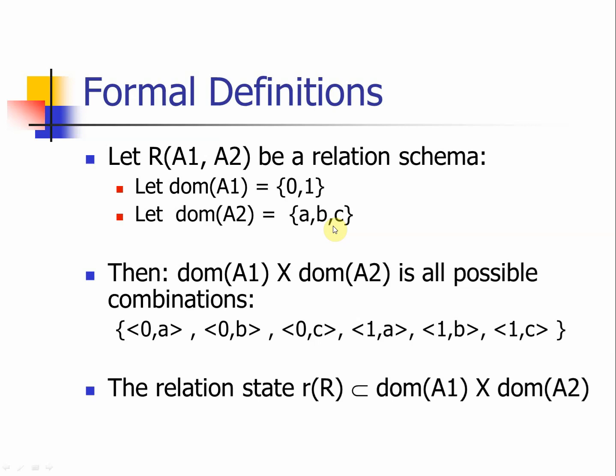And therefore, when R is defined by 2 attributes, and we also define the domain of each attribute, you will understand that for this relation there are only 6 possible combinations, because 0 can pair up with A, B, and C, and 1 can pair up with A, B, and C, so you end up with only 6 different values that you will be able to store.